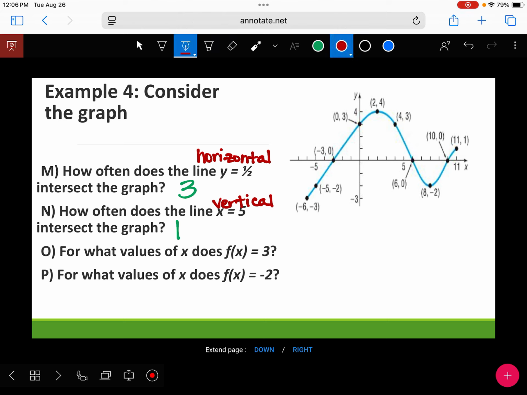So 3 is right here, and I'm going to draw a horizontal line right there. And it crosses through twice. It crosses here and here. So that means it crosses at x equals 0. And it also crosses where at x equals what? 4.